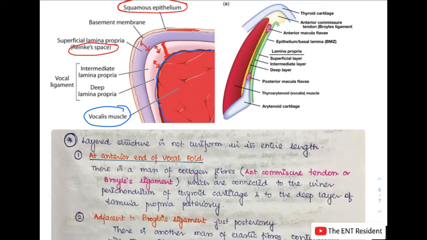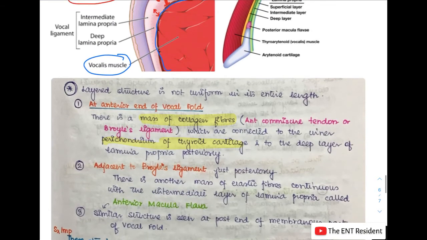At the anterior end, we see a mass of collagen fibers which is termed the anterior commissure tendon or the Broyles ligament, which is connected to the inner perichondrium of the thyroid cartilage and to the deep layer of the lamina propria posteriorly. As you can see in the picture over here, this is the anterior commissure tendon, also known as the Broyles ligament. At this region, you can see a mass of collagen fibrils.